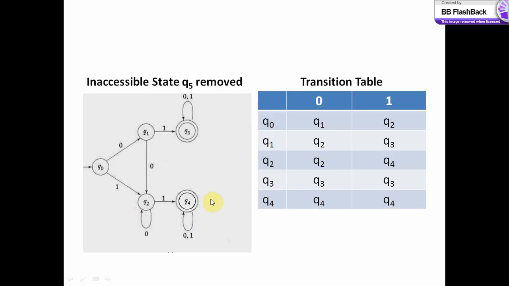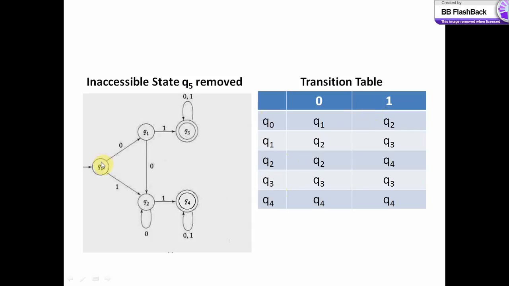So after removing the inaccessible state, that is Q5, we have got the DFA as follows. And the transition table for this DFA is given here. So the states that are available in the DFA are given in the column, and here the inputs that are present in the DFA are given.